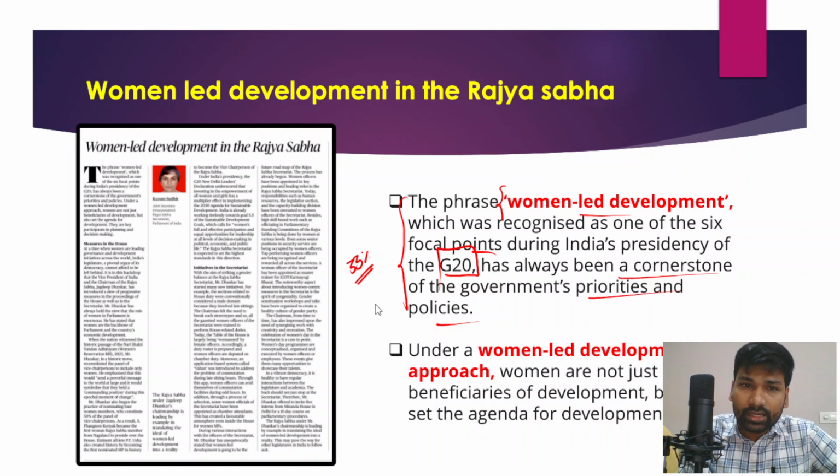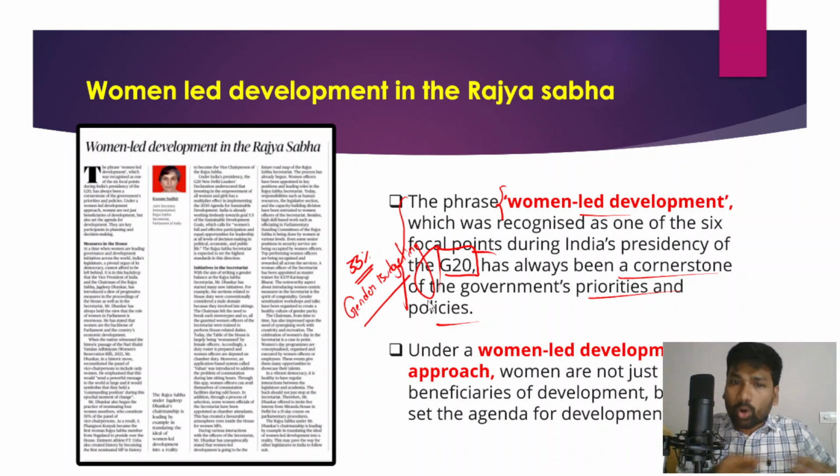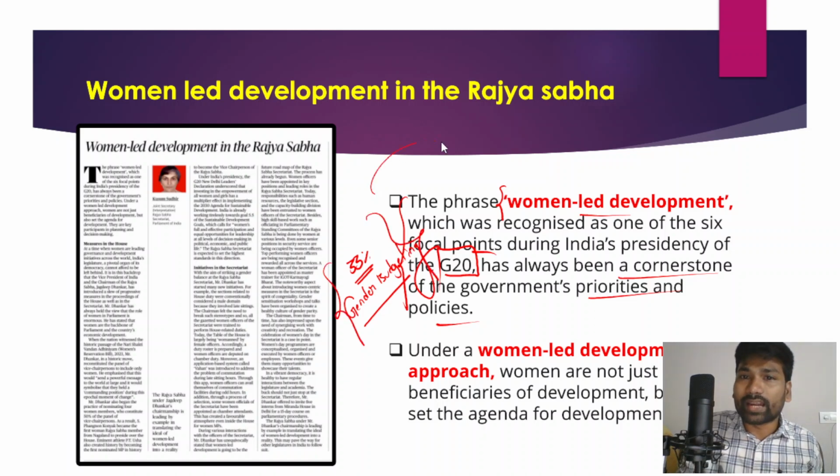Apart from that, gender budgeting is also another initiative being implemented to make sure that women get adequate allocations. All these things emphasize the government's increasing priorities and policy initiatives mainly targeting women, which is in line with woman-led development.